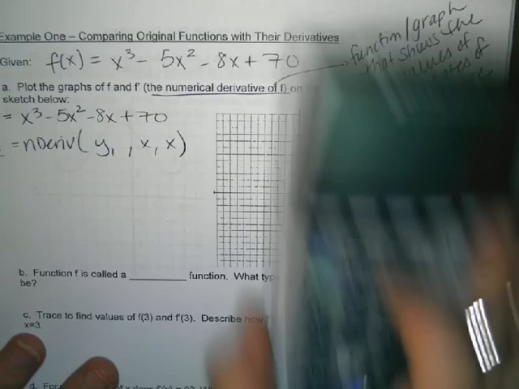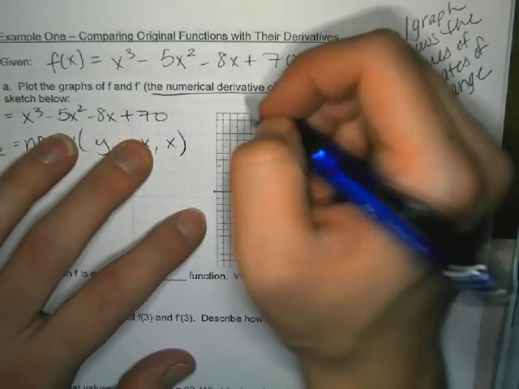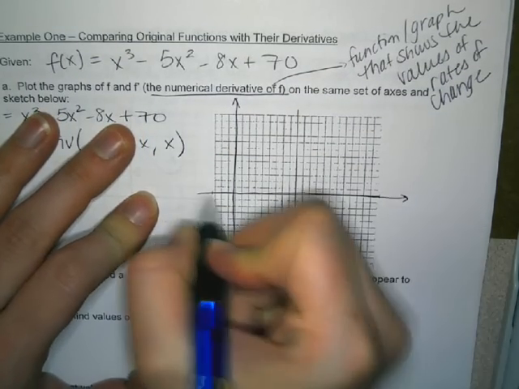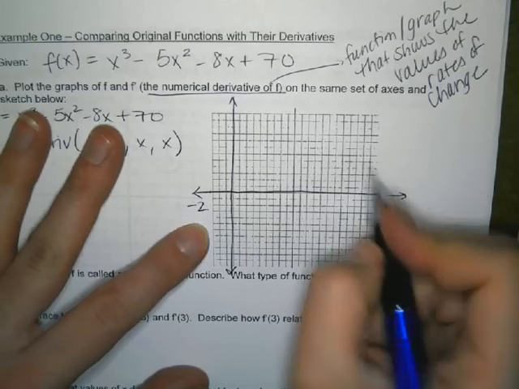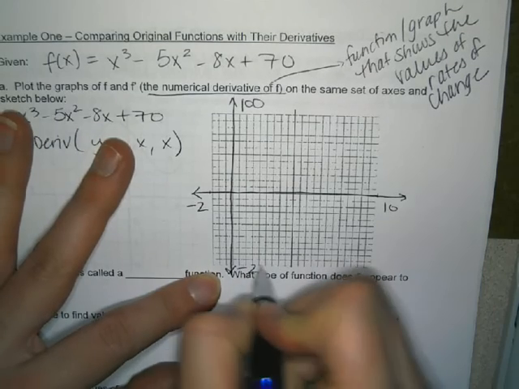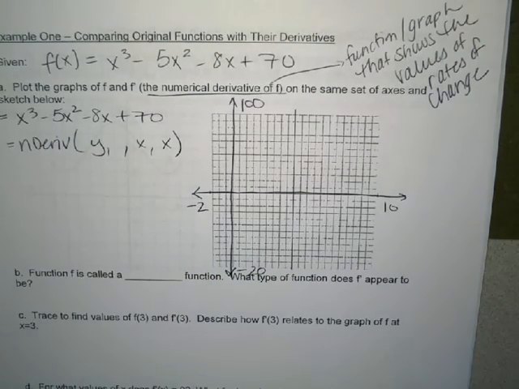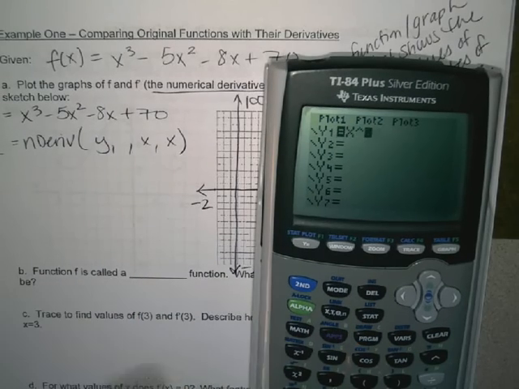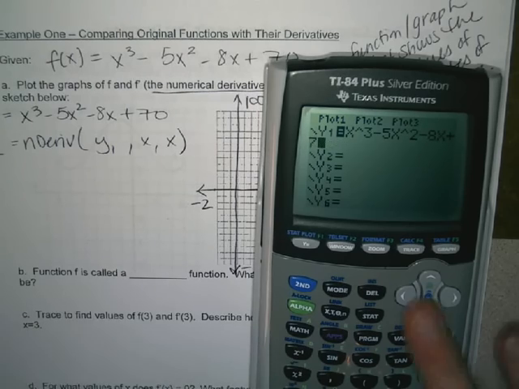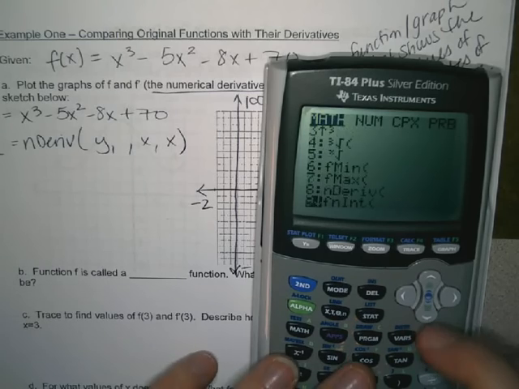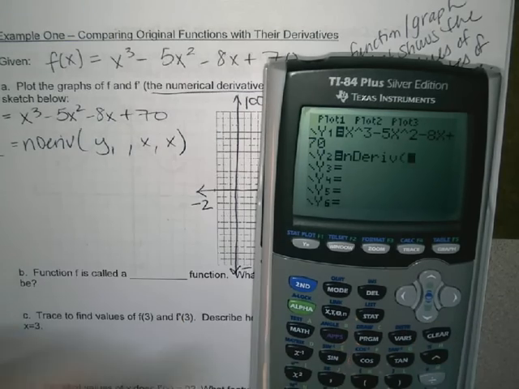I'm going to redraw my axes here, and for the sake of time, I'm going to give you the window that you would want to use: x from -2 to 10, and y from -20 to 100. So y1 equals x cubed minus 5x squared minus 8x plus 70. Then in y sub 2, you're going to put nDeriv. To get the y sub 1 in there, you go to the vars menu.